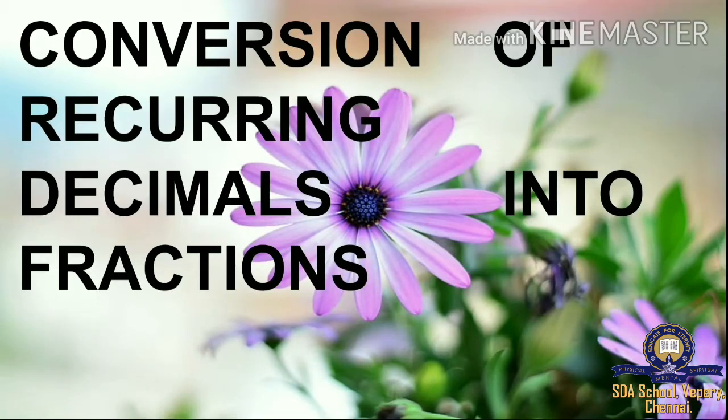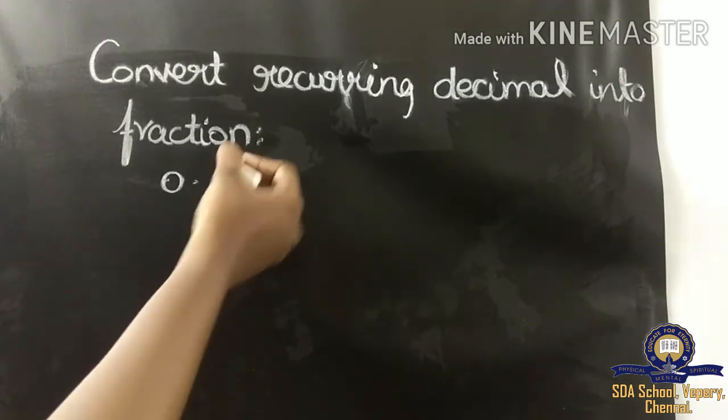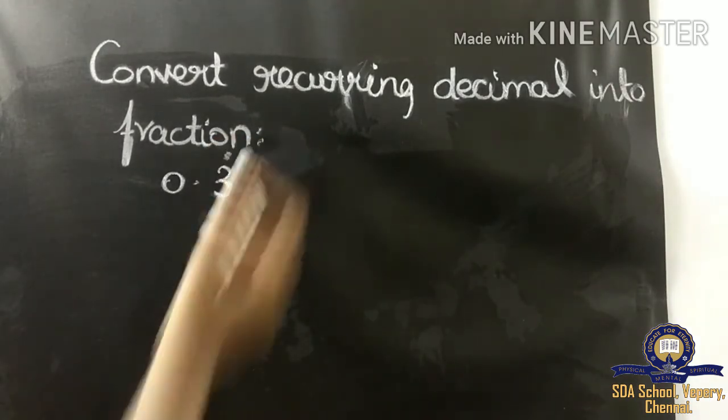Next, conversion of recurring decimals into fraction. Let's see one example of how to convert a recurring decimal into a fraction. The given value is 0.3 dot, and the 3 over there is a dot.